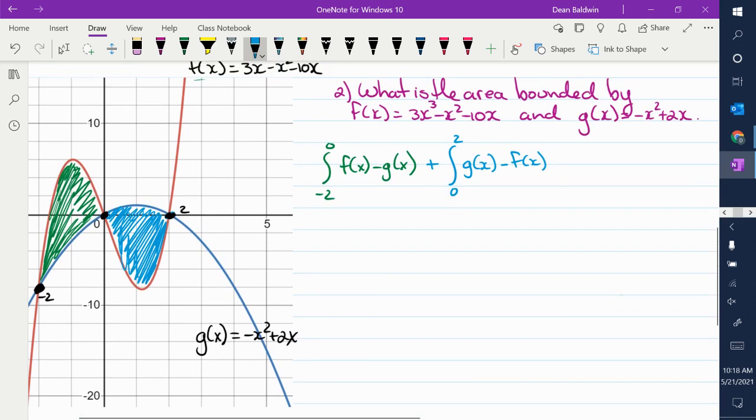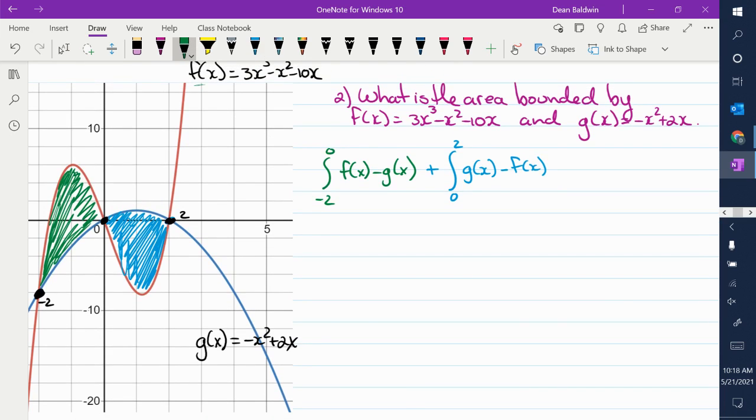Okay, now we just have to fill in what we have. f of x is 3x cubed minus x squared minus 10x, minus g of x. You're subtracting the whole function, so put it in brackets. g of x is -x squared plus 2x.